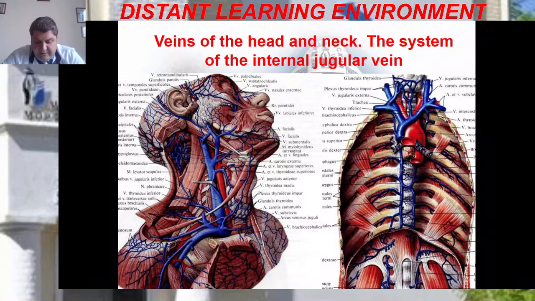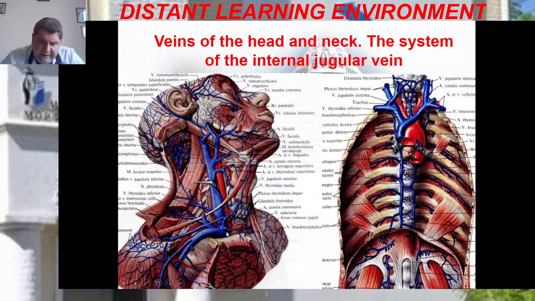In front, the right brachiocephalic vein is covered by muscles, sternocleidomastoid, sternohyoid and sternothyroid muscles. So the branches from the thyroid gland, from the thyroid venous plexus, also from the larynx, also from the mediastinum, pass to these brachiocephalic veins.